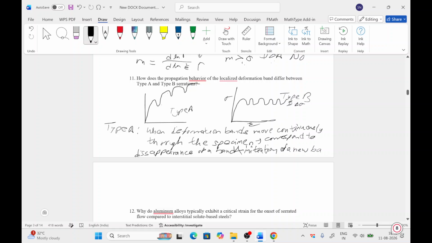So for initiation of a new band, the flow stress is increased.